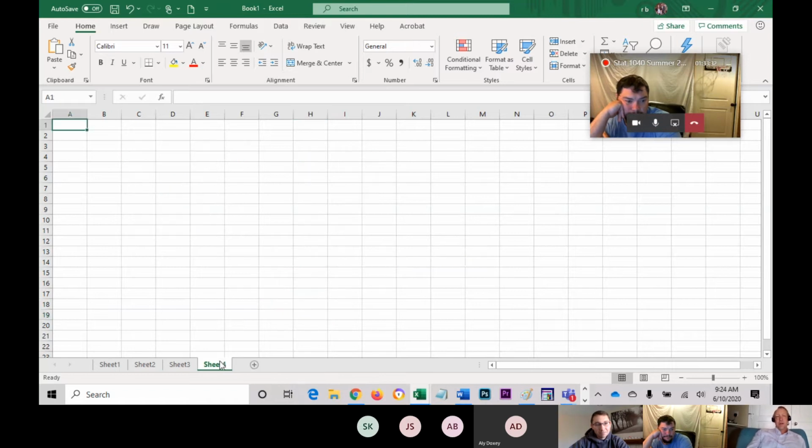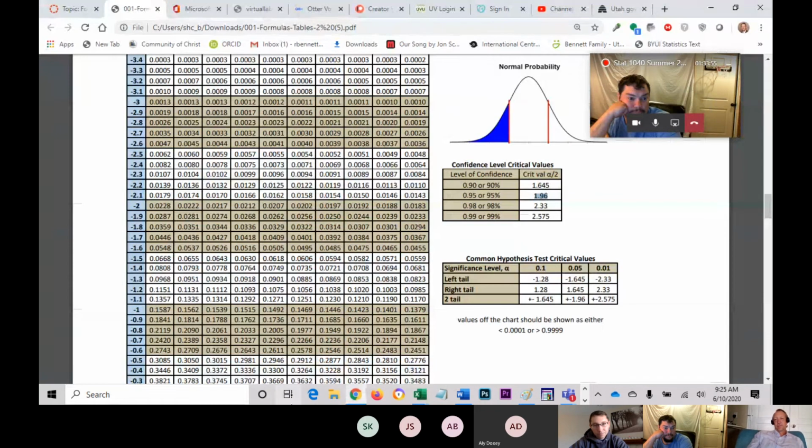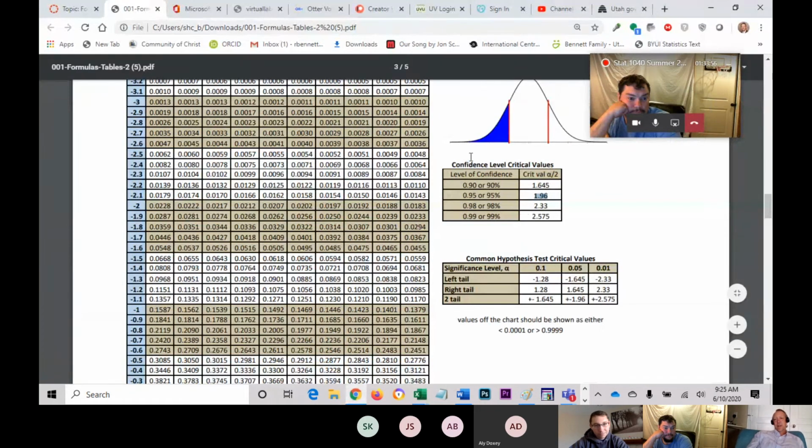Now, we talked a little bit earlier. What is the critical value for an 80% confidence interval? Now remember, that's not on my chart. 80% is not on there.